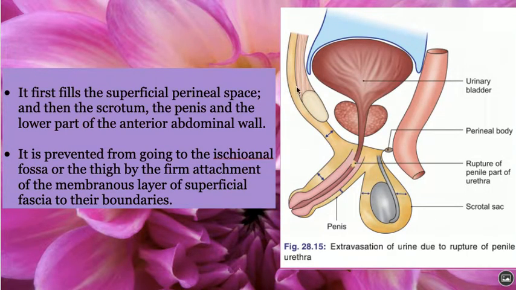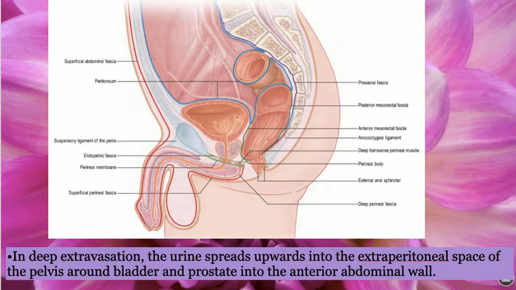So this is the superficial perineal space that contains the urine in case of rupture of the penile part of the urethra, into the scrotum, into the penis, and the lower part of the anterior abdominal wall. However, it is prevented from going towards the ischioanal fossa or the thigh by firm attachment of the membranous layer of the superficial fascia to their boundaries.